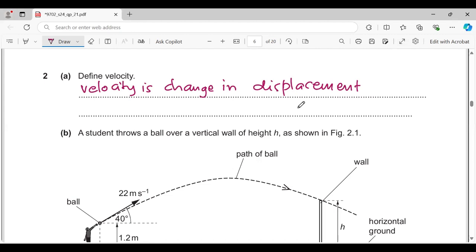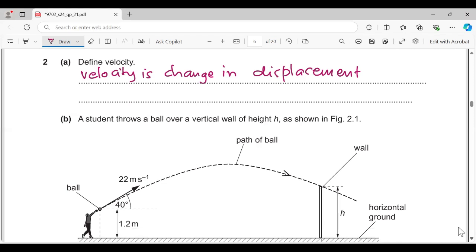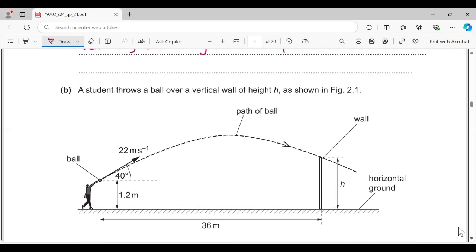So when you push something and it does not move, it means there is no velocity. You can calculate the velocity if the object moves from the initial point to the final point. So that's velocity, change in displacement.